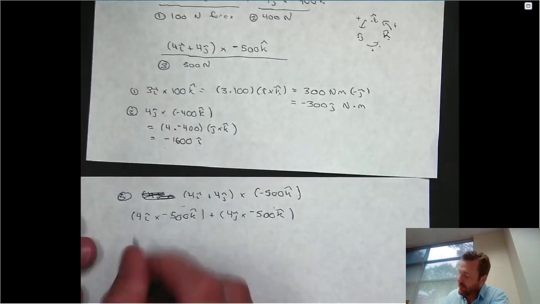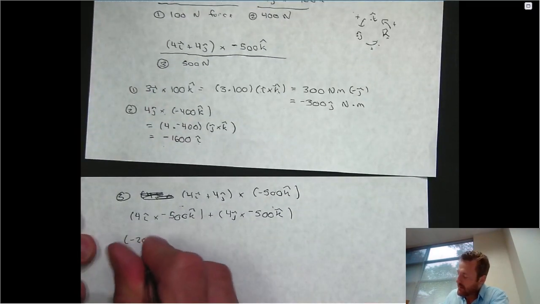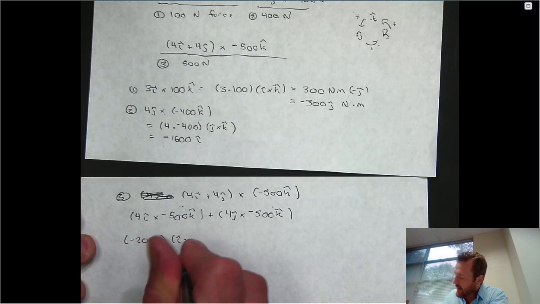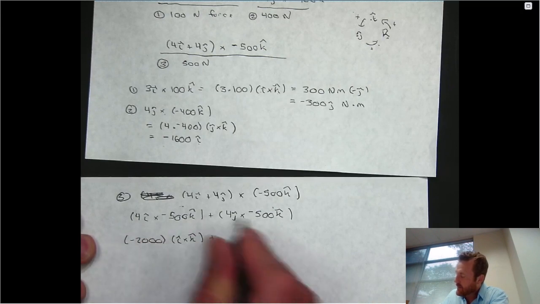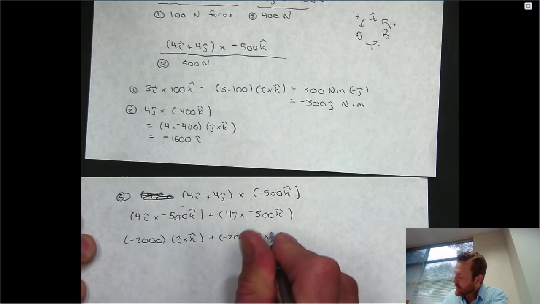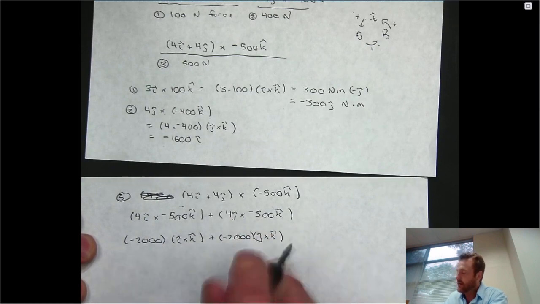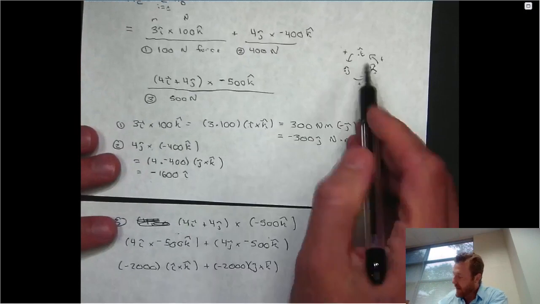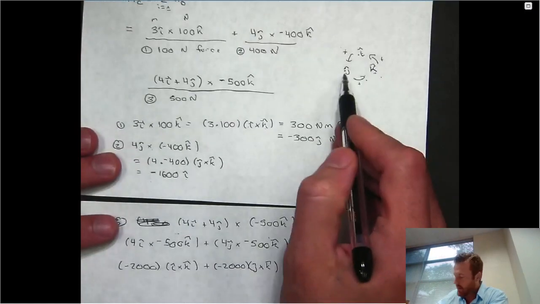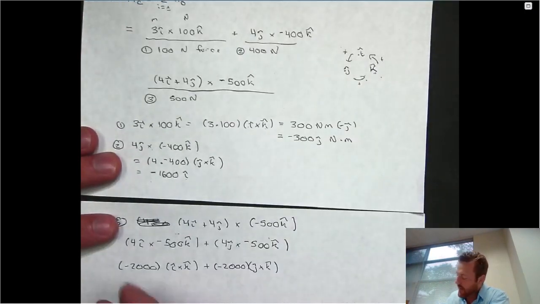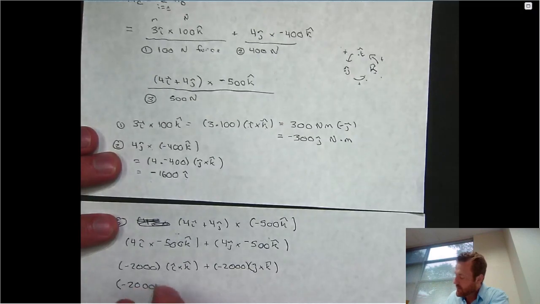And just be careful here. 4 times minus 500 is minus 2000, i hat cross k hat, plus 4 times minus 500 is minus 2000, j hat cross k hat. And let's check what these would be. So i hat cross k hat is going to be minus j hat. I'll actually show the step here just so no one gets confused.